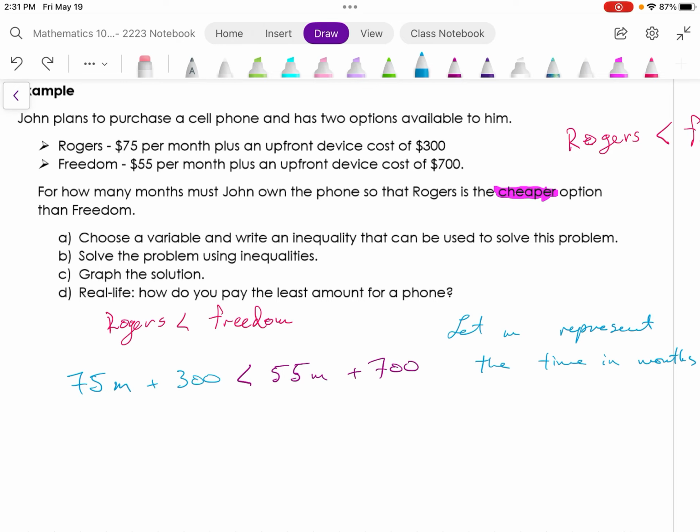As I work my way through here, this is an inequality, and I need to isolate my variable to one side. I'm going to start off by doing the inverse of 55m.